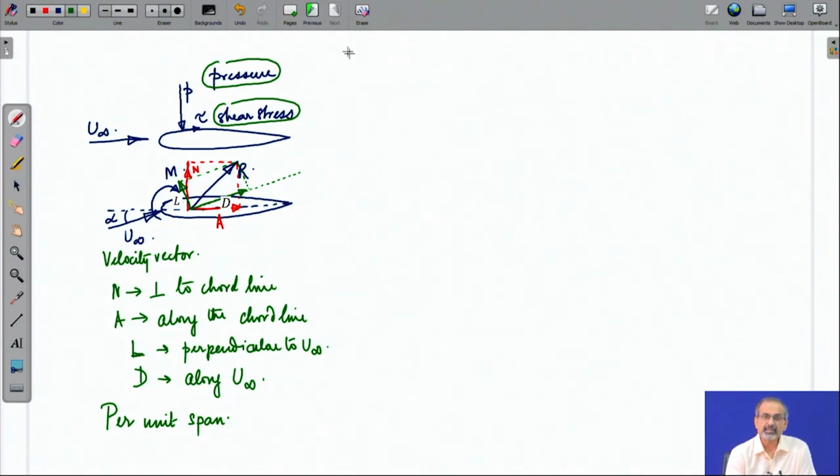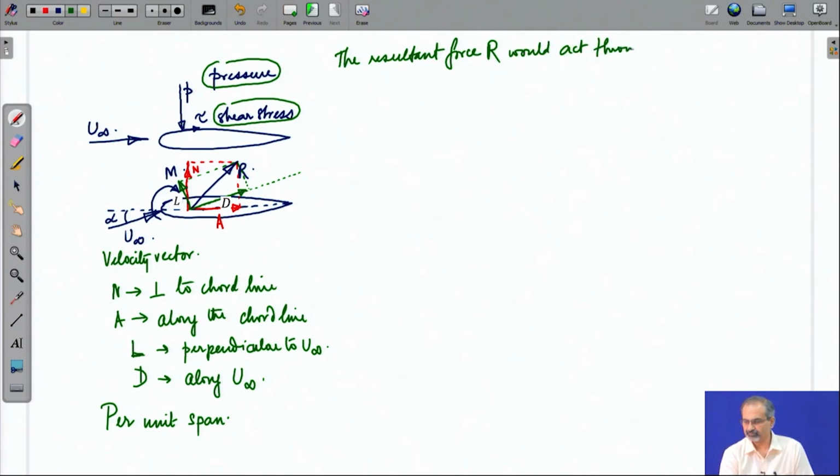However, it is very important to understand through which point this resultant force R would act. Can we keep the location of this point arbitrary? That is not possible. So, we have to look deeper into this issue.